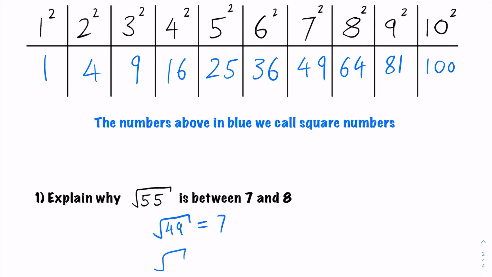And the square root of 64, which is bigger than 55, is equal to 8. So if the square root of 49 is 7 and the square root of 64 is 8, then the square root of 55 must lie somewhere between 7 and 8. Therefore, the square root of 55 is between 7 and 8.